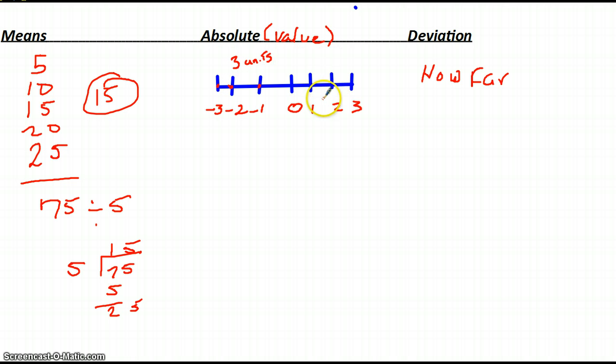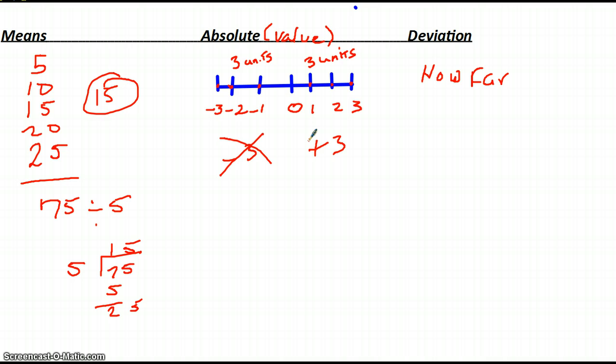And then how far is 3 from 0? Again, 1, 2, 3, 3 units. What you wouldn't say is negative 3 units, because you're just counting units. So when we look at absolute value, we don't use the negative numbers at all. That's going to be vital in what we're going to be doing here.